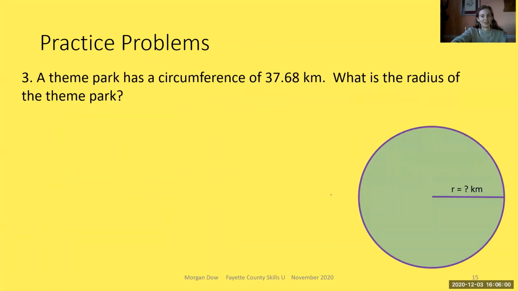All right, on to the next one. Number 3, a theme park has a circumference of 37.68 kilometers. What is the radius of the theme park? We're told about circumference, so I'm going to start with that formula. Fill in the information I know.